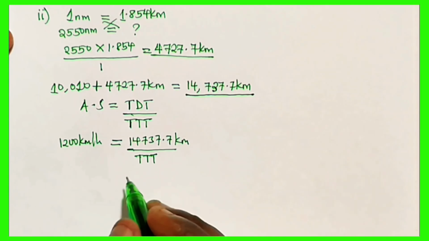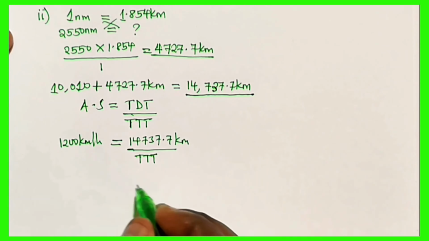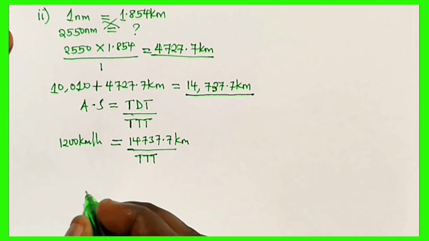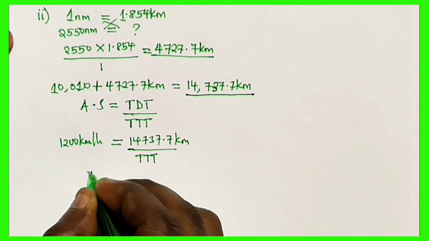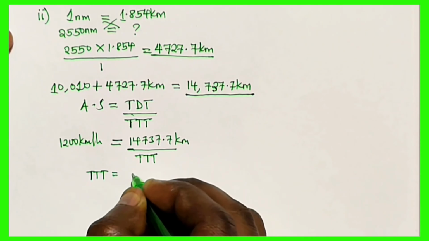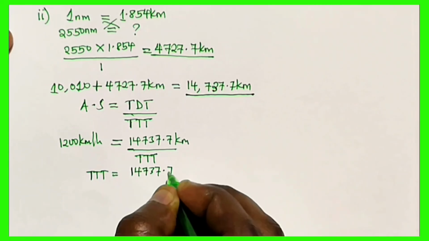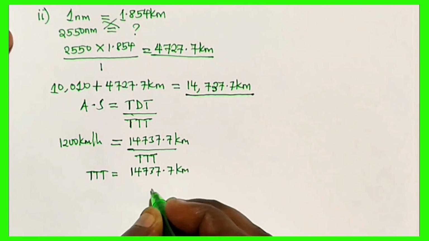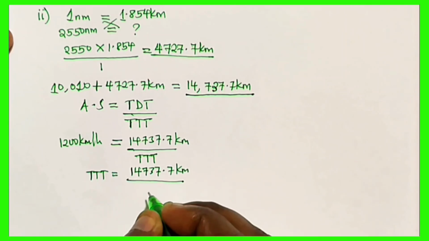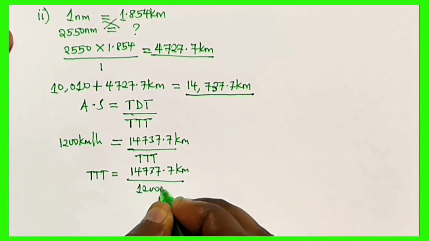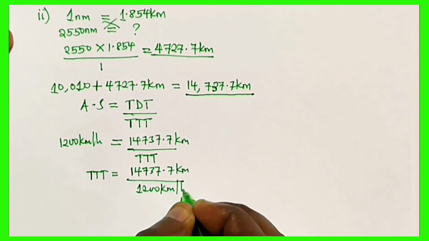So by removing the denominator here and making the total time taken the subject, we are going to have the total time taken to be equal to the distance, which is 14,737.7 kilometers, divided by the speed, which is 1,200 kilometers per hour.